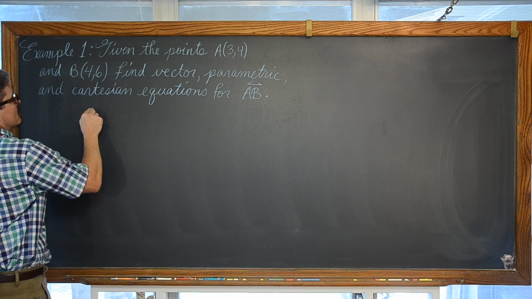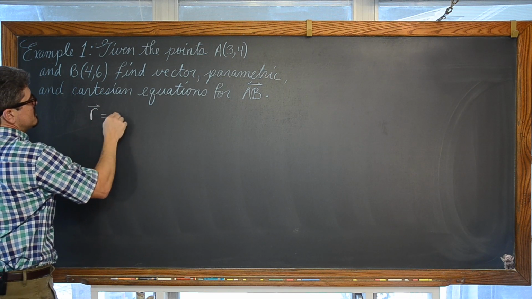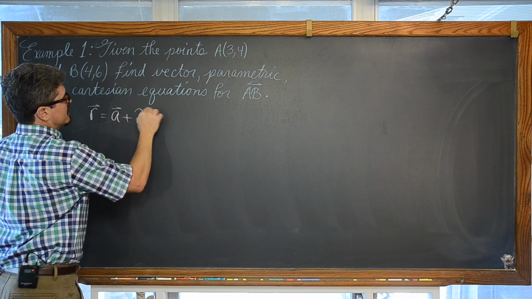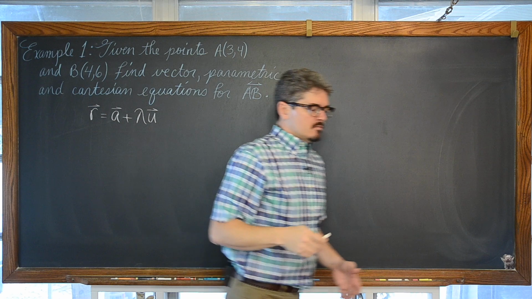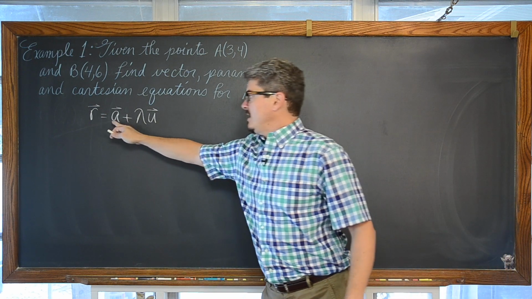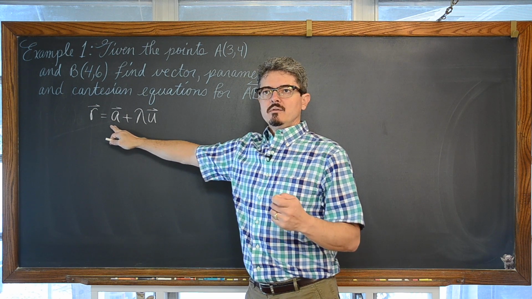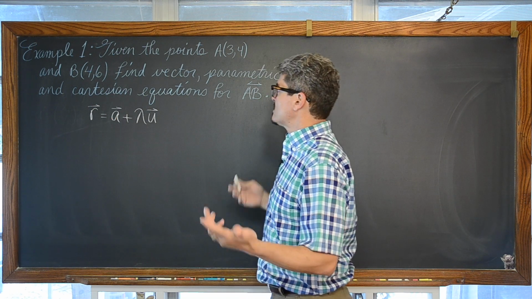The vector form of an equation is vector r is equal to vector a plus lambda times vector u. To write the vector form of an equation, we need some point on the line written as a position vector. Well, that's simple enough.